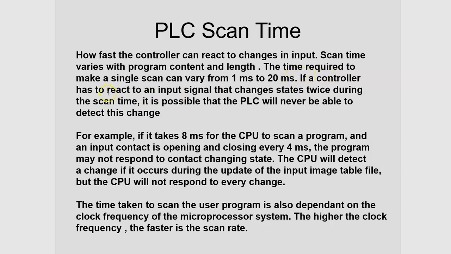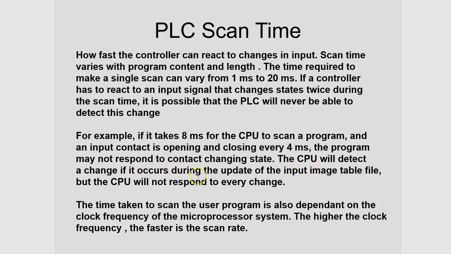If a controller has to react to an input signal that changes states twice during the scan time, it is possible that the PLC will never be able to detect this change. So here's an example. If it takes 8 milliseconds for the CPU to scan a program, and the input contact is opening and closing every 4 milliseconds, the program may not respond to the contact changing state.